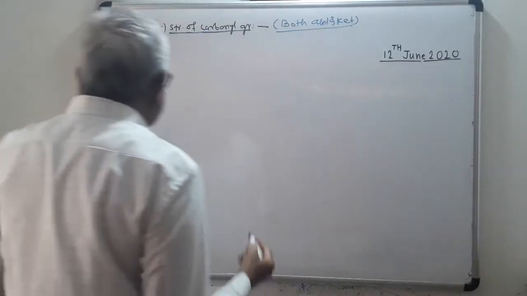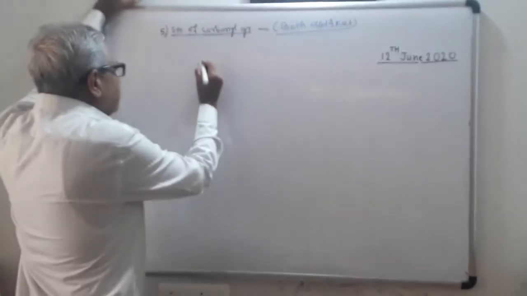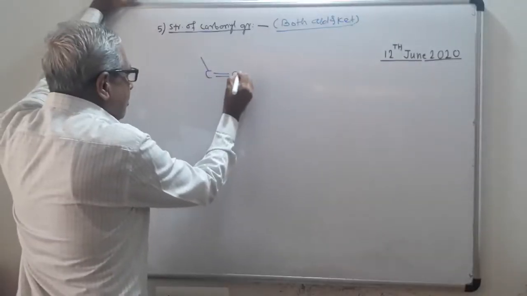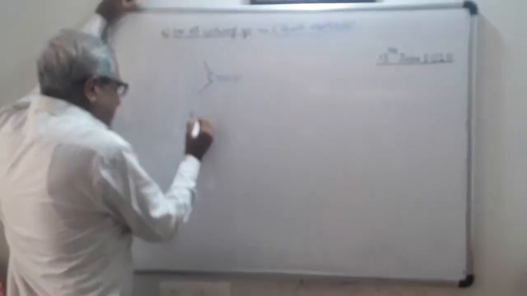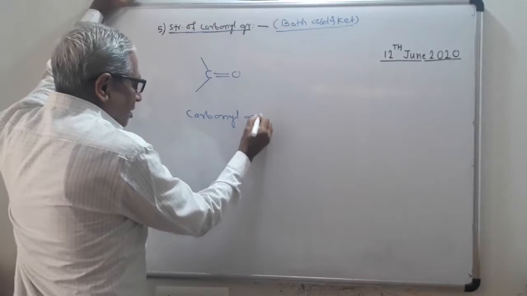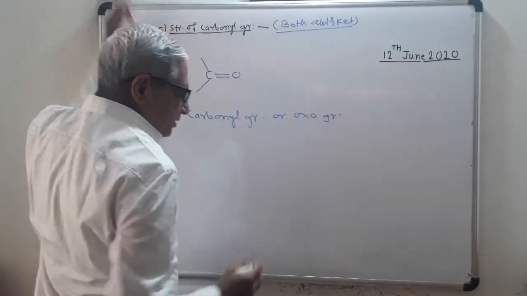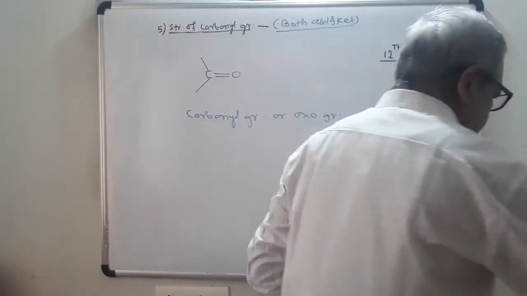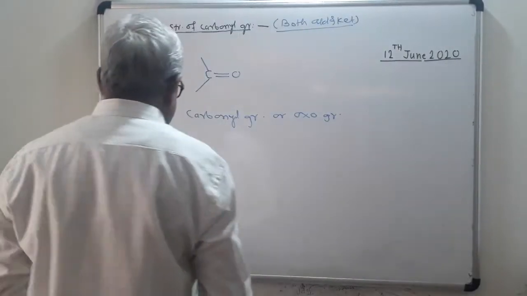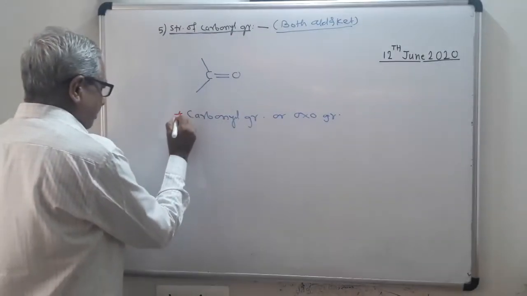This is the common part of both aldehyde and ketone. It contains C double bond O. This is the carbonyl group. It is also called the oxo group. It is present in both aldehyde as well as ketone. This is the first point.